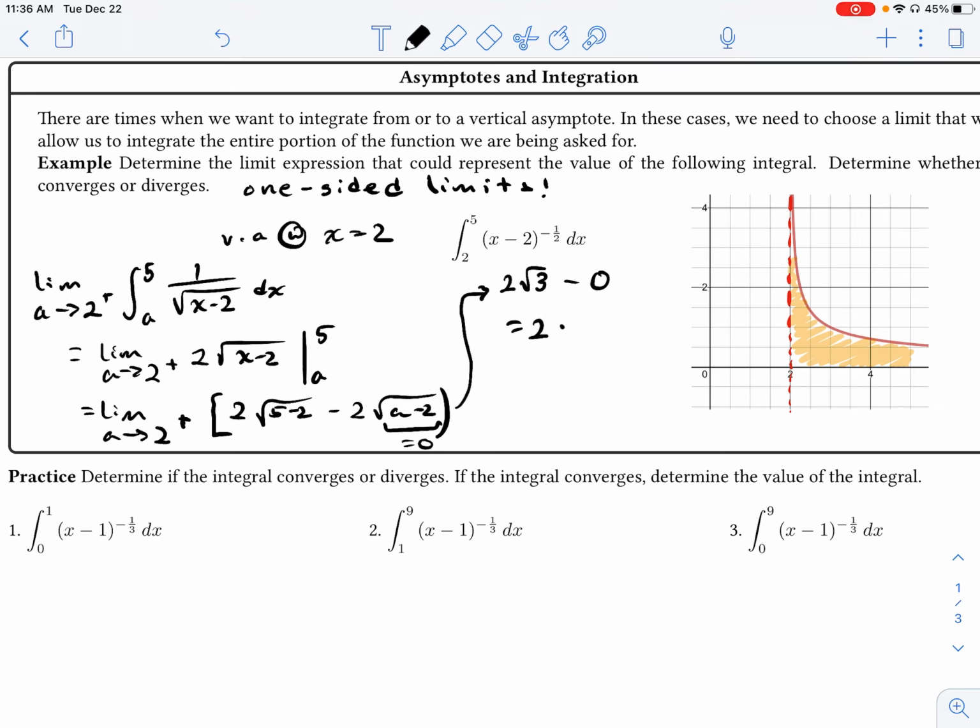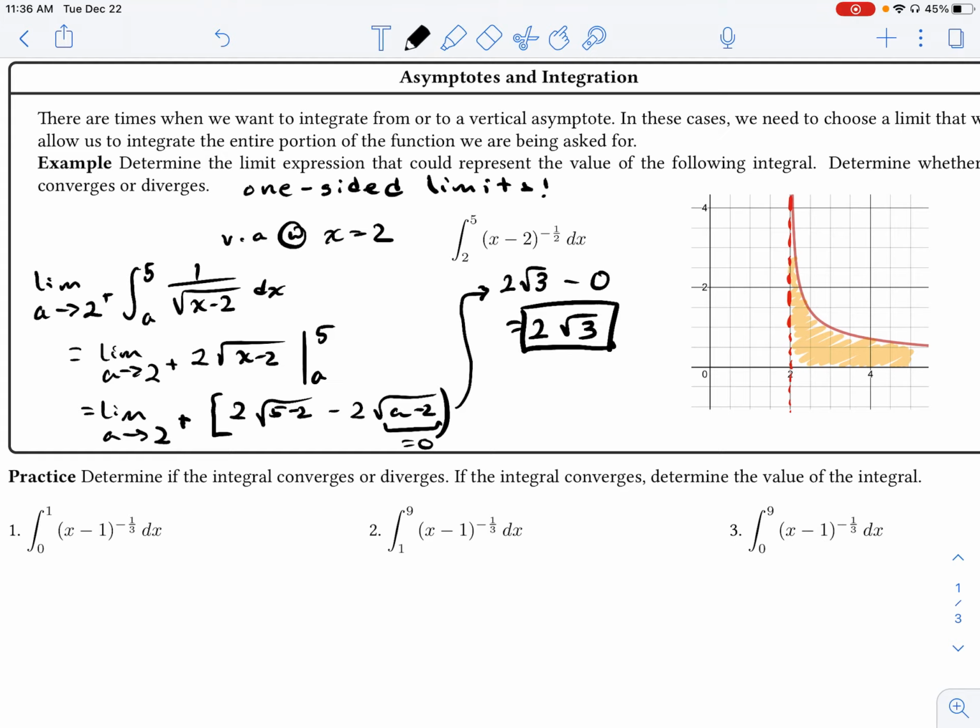Then this integral would be 2 root 3. So the area that we have shaded in underneath this curve would be 2 root 3. We can say that this improper integral converges to 2 root 3. That's what we do when one of our bounds is where there is a vertical asymptote.